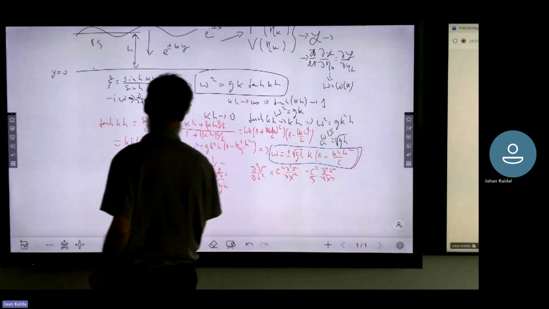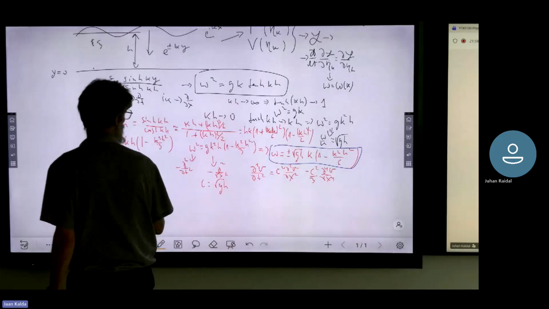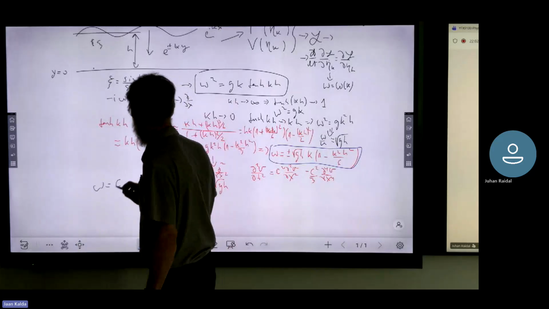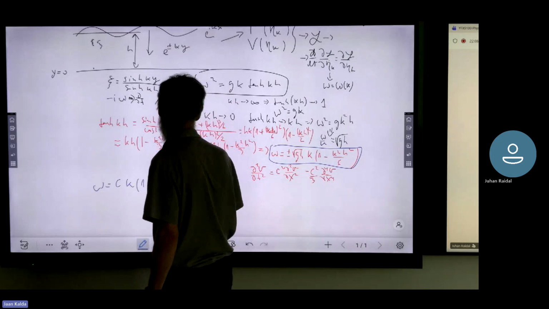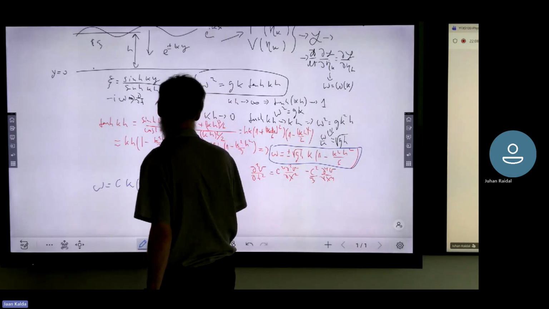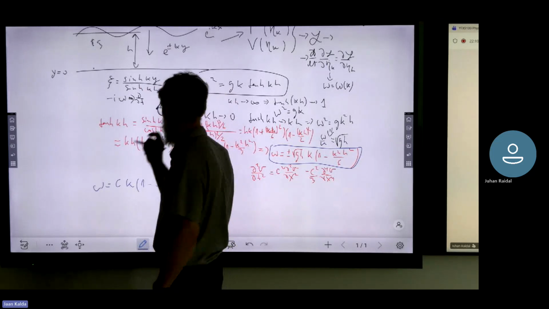But if we separate from here, then we would have, let me write it again, omega equals c k times 1 minus k squared h squared over 6.